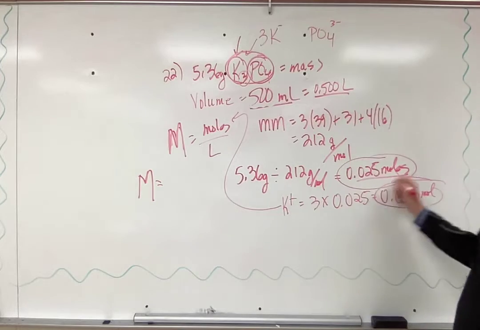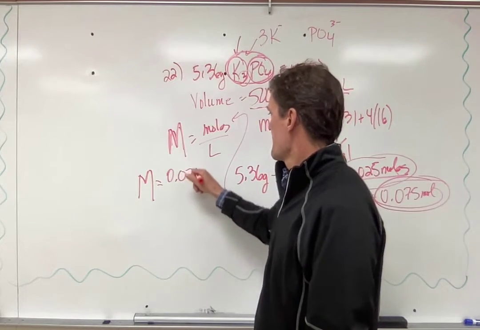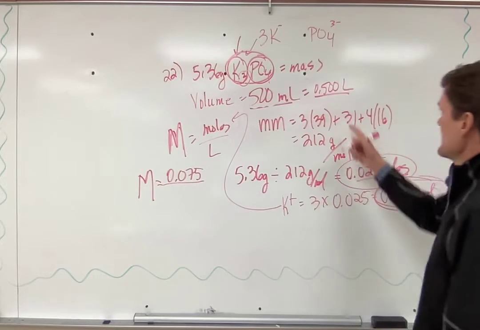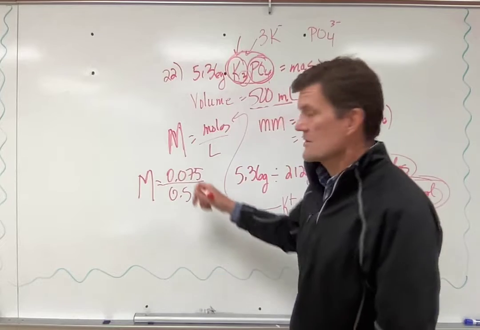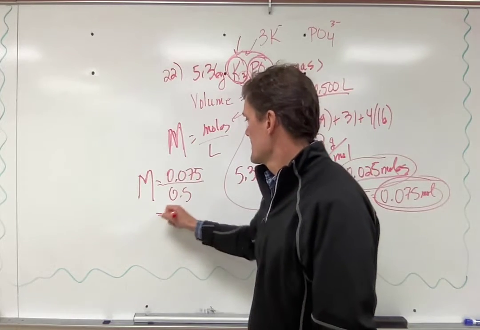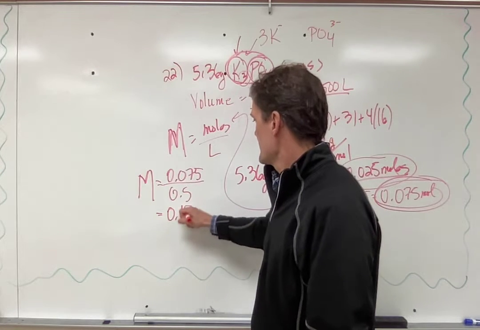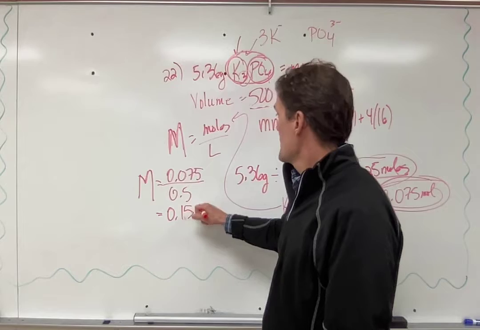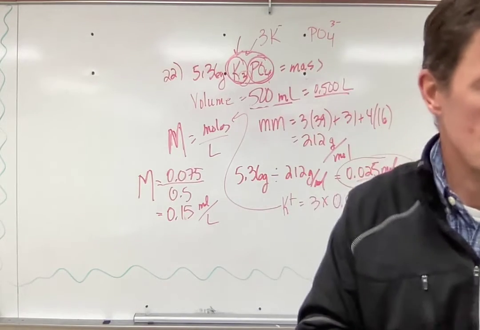I'm going to put in my 0.075 divided by a half. Okay? So when you take 0.075 divided by 0.5, you're going to get 0.15. Okay? And this is moles per liter. Hopefully that was one of the answers.